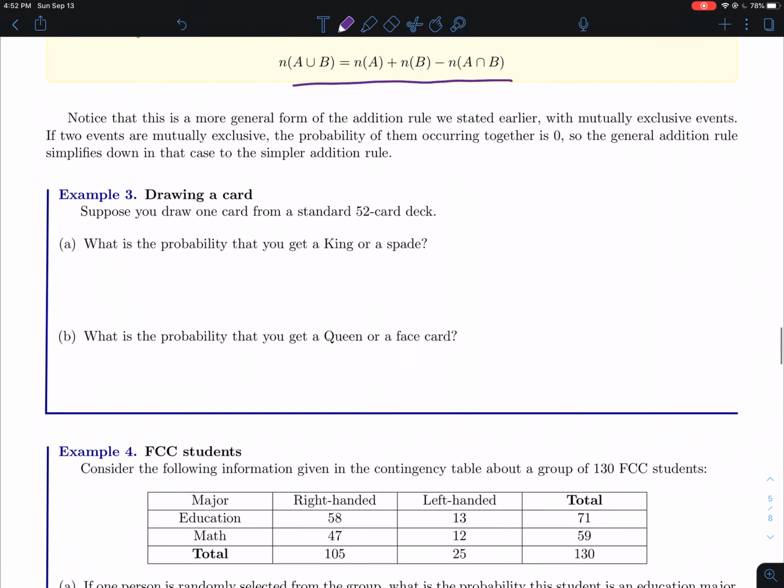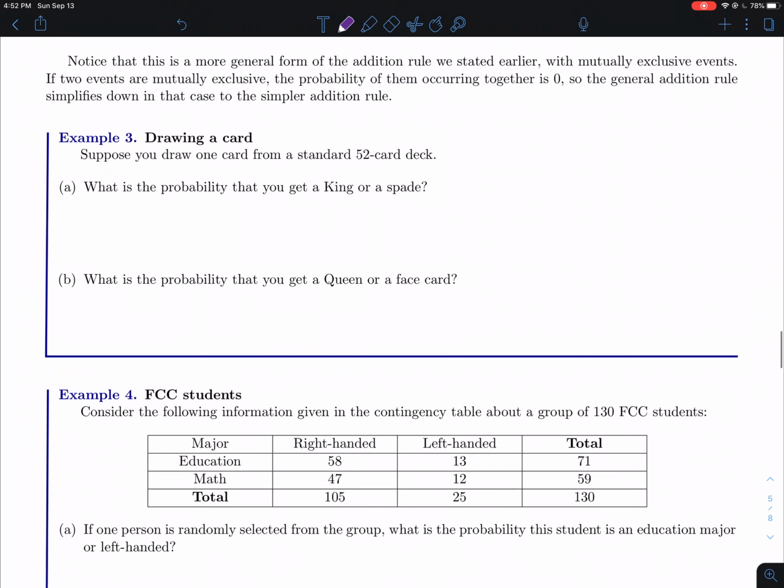All right, so let's look at some more examples that are going to have some overlap to them. In this case, what's the probability that you get a king or a spade? The cool thing is we can start these all the same way, and if it happens to be disjoint, we just ignore the overlap part, and if it's not disjoint, then we've already set it up and it's ready to go.